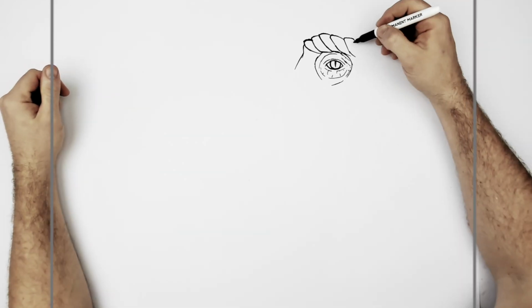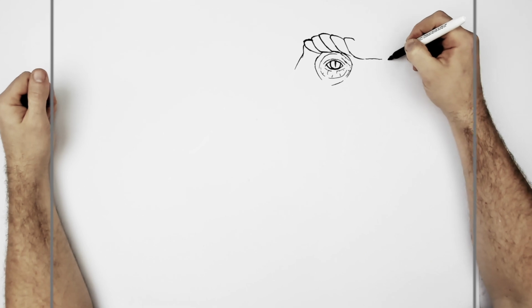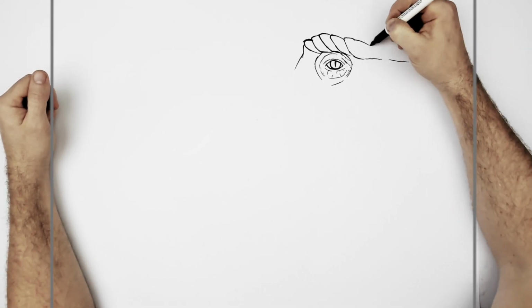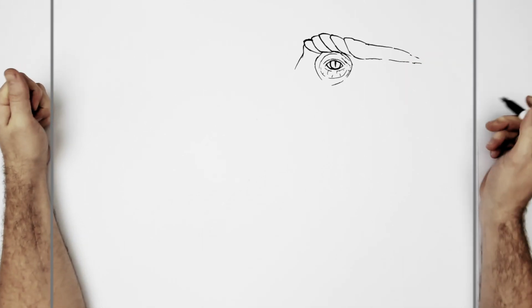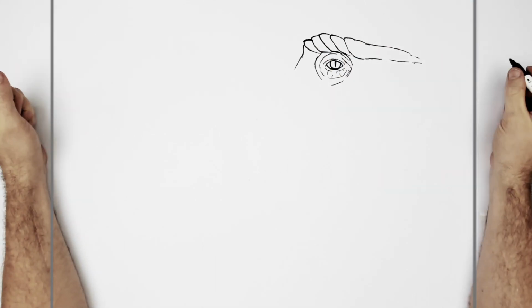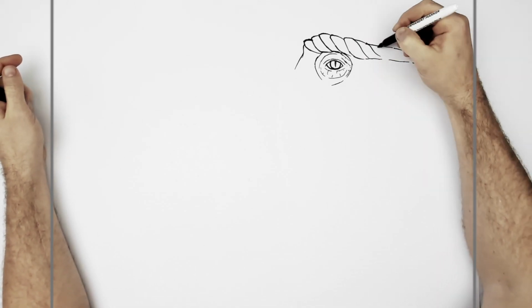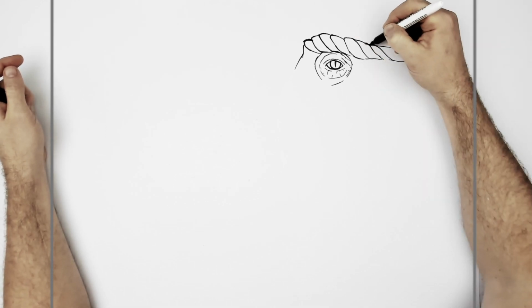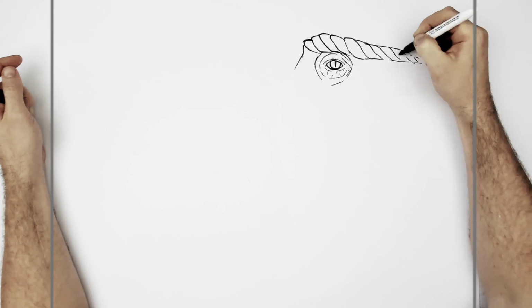So then this thing keeps going, right? So I'll just add a little guideline to get us down towards where his nostril is. Right there. And then these sort of bumpy things come down this way. So it's kind of like a bar just going that way. And then I'll divide it up into little sort of spiky sections as well. Not as bumpy as up there, but it kind of becomes a ridge.